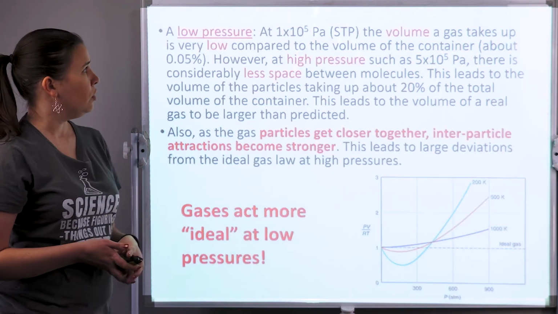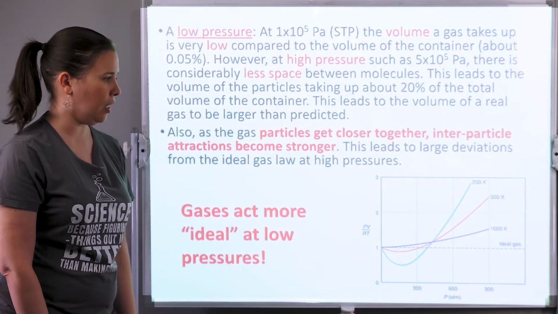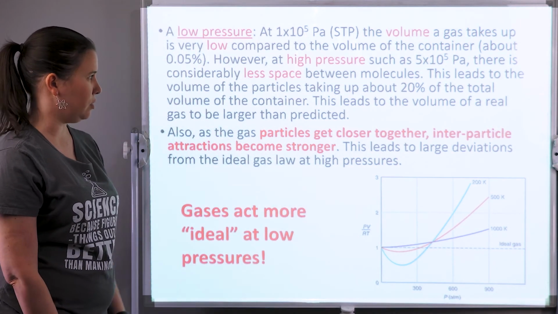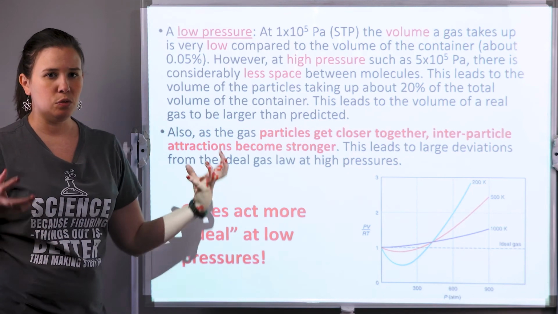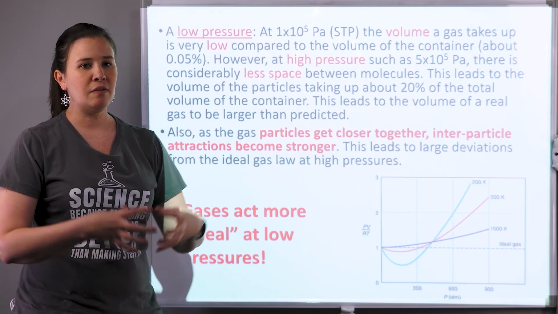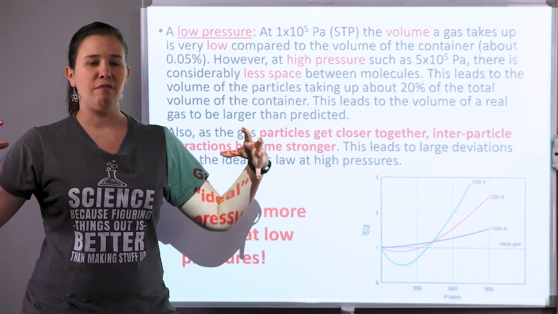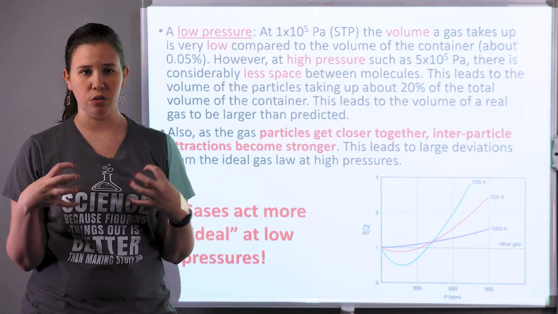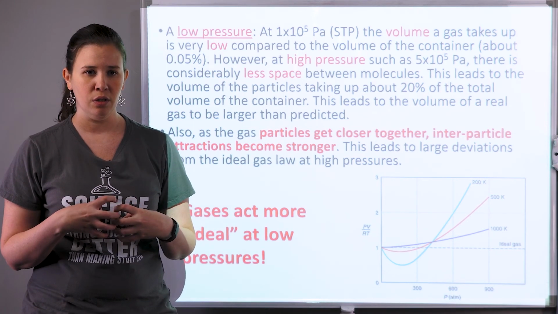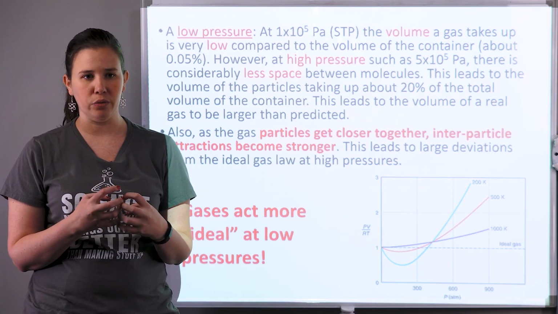So first, pressure. Why do we think that increasing the pressure would make it act less like an ideal gas? Well, think about what increasing the pressure does to the spacing between the particles. If I have a low pressure, those gases are more spread out. If I increase the pressure, I'm forcing those particles to get closer together. So if I have a higher pressure, there is much less space in between the particles.